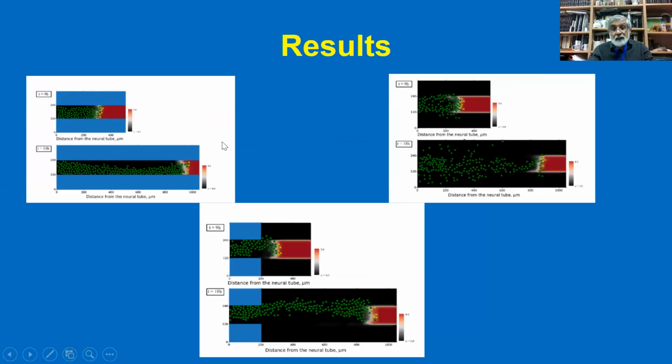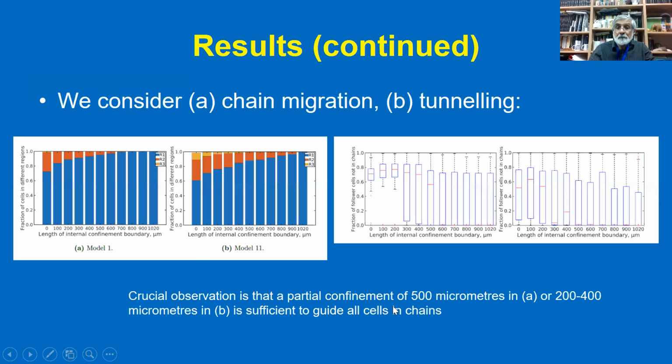So we imposed zero flux boundary conditions all along, and you get really nice invasion. Have no zero flux boundary conditions along here, but have them along here, and the cells go all over the place. Have partial confinement, and you get what you would expect, partial confinement. And we did this with the sticky model and also with the tunneling model.